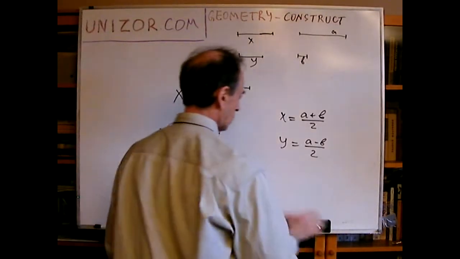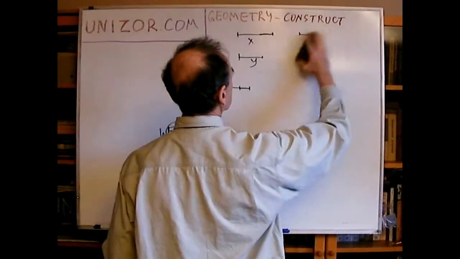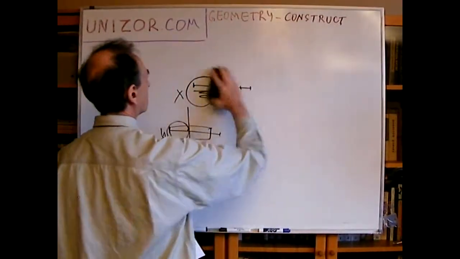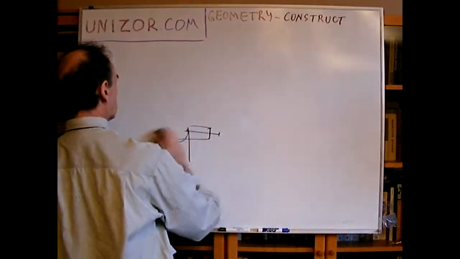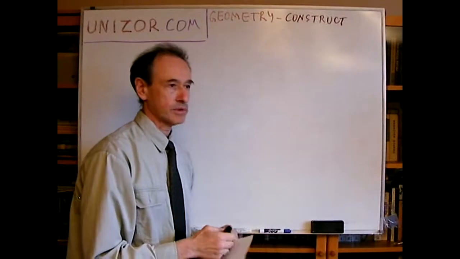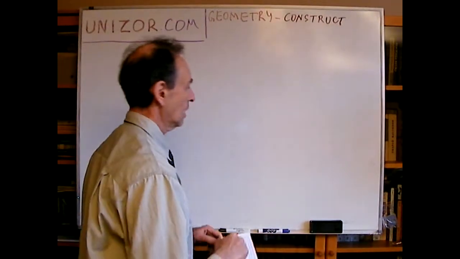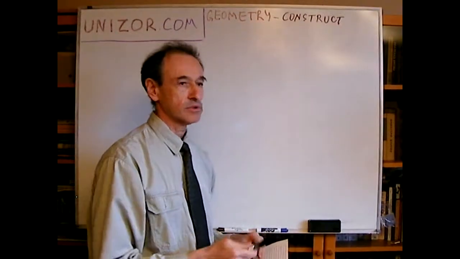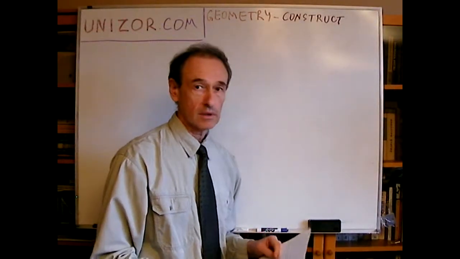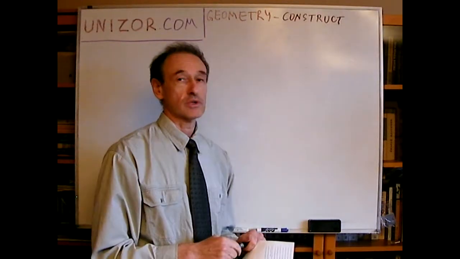Okay, and the last but not least construction problem for this particular lecture is how to divide a segment into 4, 8, 16, etc. parts. Well, again, it's very similar to whatever we did with angles, and basically the solution is exactly the same.